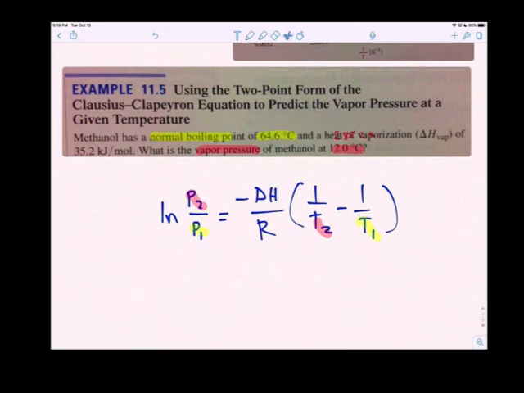This one is 285.2. That's 12 degrees Celsius, and 64.6 is 337.8. I'm fumbling around in the book. So just make sure that you use the proper terms.